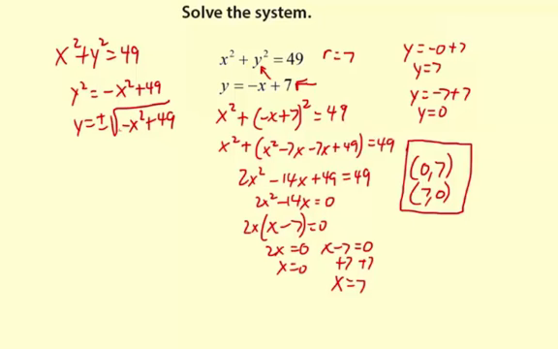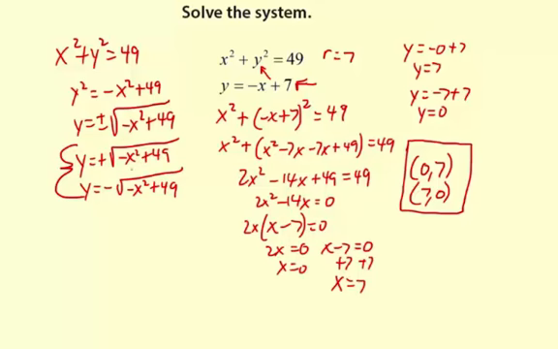So what you do is you make this y equals plus or minus into two separate equations. So you graph y equals the positive of the square root of negative x squared plus 49. And then you graph the negative, y equals negative square root of negative x squared plus 49. And these are two half circles.